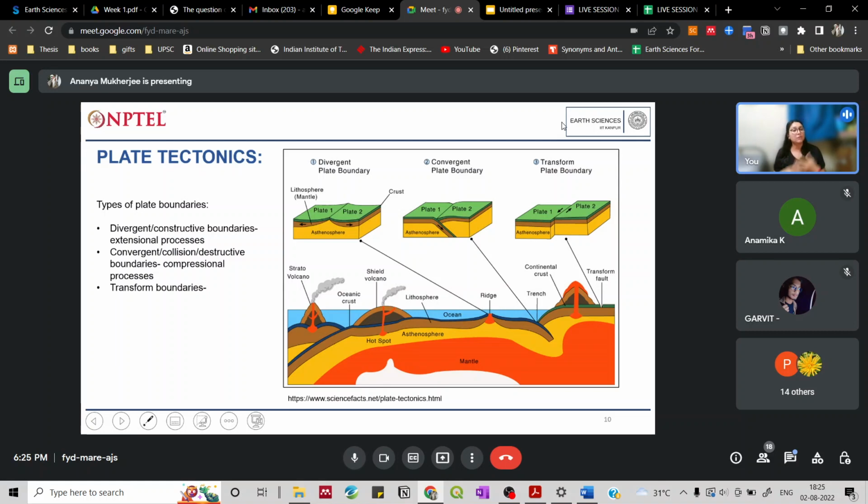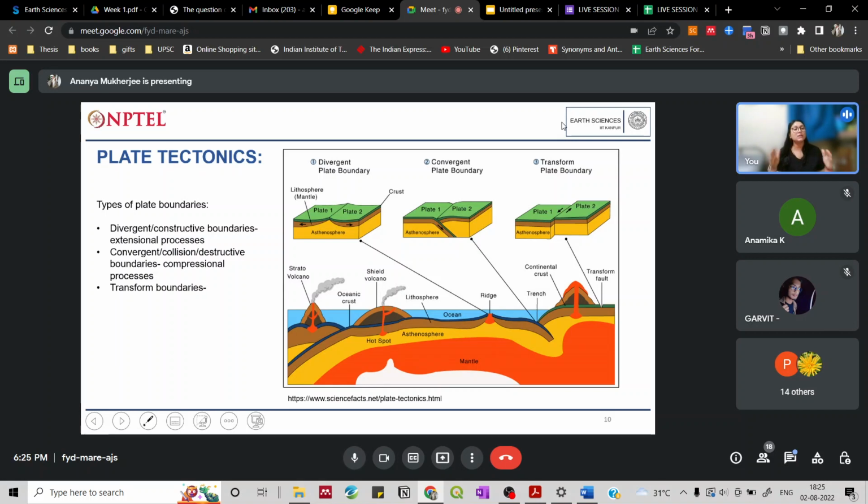The next type of plate boundary is the convergent plate boundary, where the plates are moving towards each other. When the plates move towards each other, you can have oceanic and oceanic crust coming together, continental and oceanic crust coming together, and also continental and continental crust coming together.